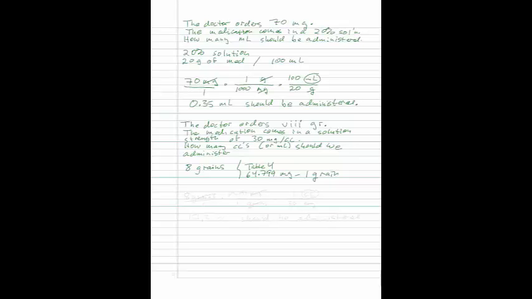So how can we do that? We are starting with 8 grains. And let's go ahead and convert from grains to milligrams. So we'll put grains on the bottom, milligrams on the top. 64.799 milligrams is 1 grain. And then our rule here is 30 milligrams per cubic centimeter.